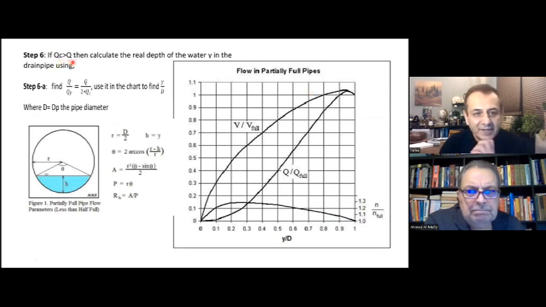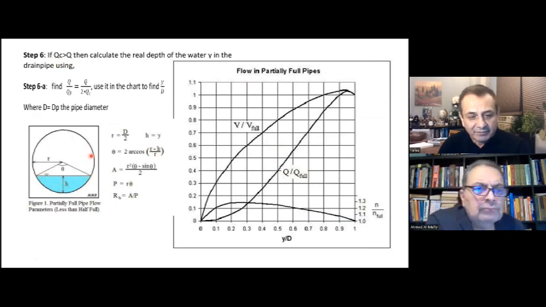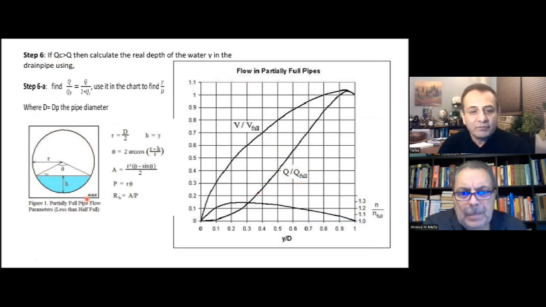If QC is greater than Q, we should go to this diagram, which is well known in hydraulics. They call it the partial flow diagram. So Q over Q full. This diagram is based on Q partial flow. That means when a pipe is running in a partial flow, like this in the figure, the water is not filling the whole cross section, over Q full when it is all full.